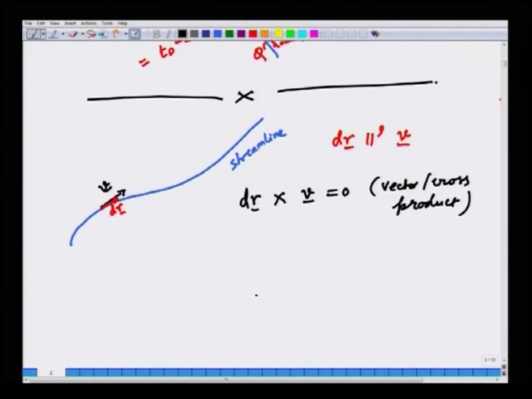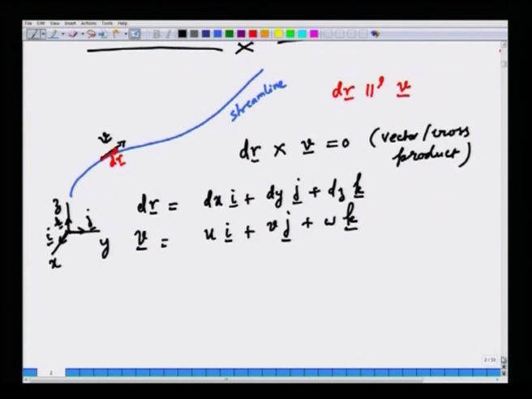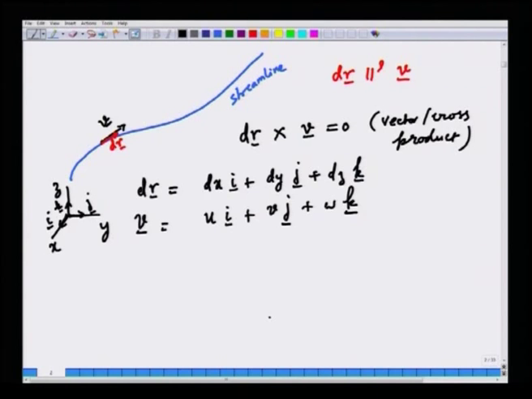I can write dr as dx i plus dy j plus dz k, imagining a coordinate system x, y, z with unit vectors i, j and k. That is the displacement resolved in the three Cartesian directions.